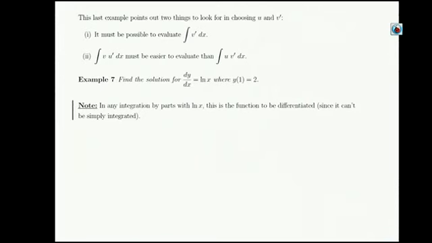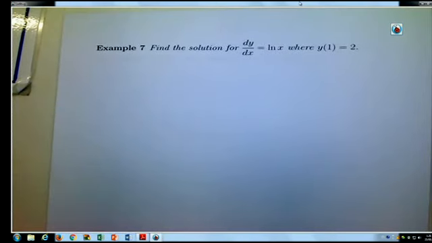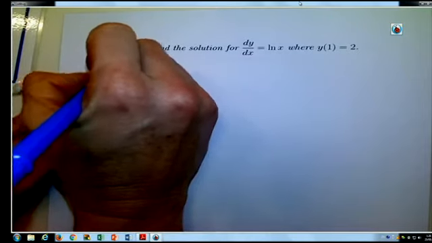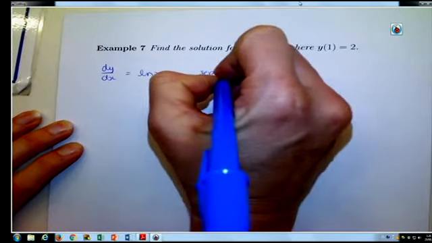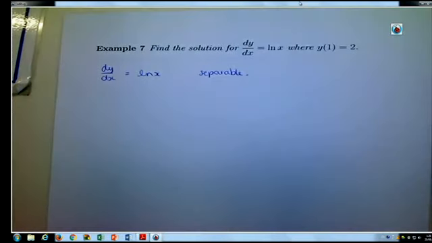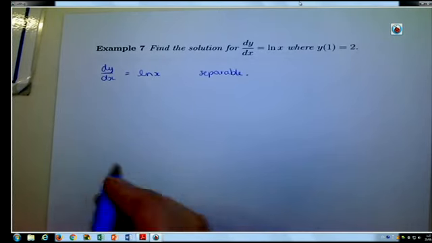Another example. This one here is a first order differential equation and it is separable.